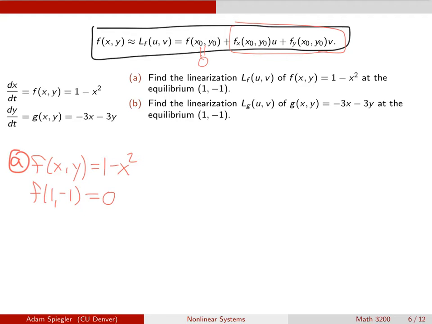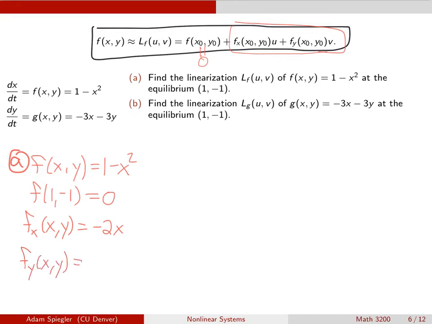So next would be to figure out what is the partial of f with respect to x. And so for that, we would take the derivative of 1 with respect to x, which is 0, and then the derivative of x squared would be 2x. And then we could find the partial of f with respect to y.